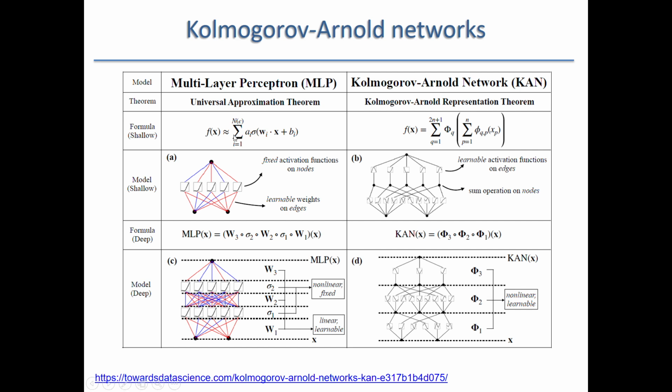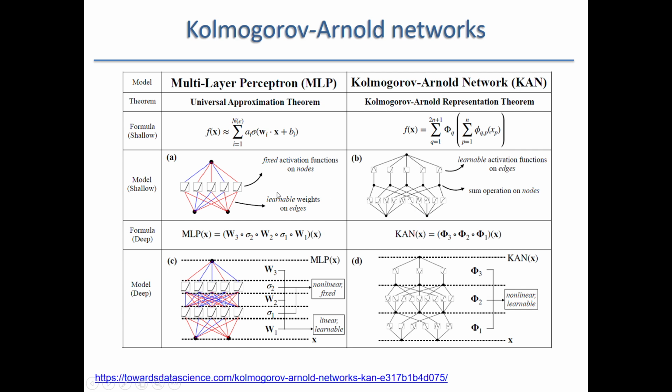Here we have a comparison between the multi-layer perceptron and the Kolmogorov-Arnold network. Here is the formula for the multi-layer perceptron, and here is the formula for the Kolmogorov-Arnold network.